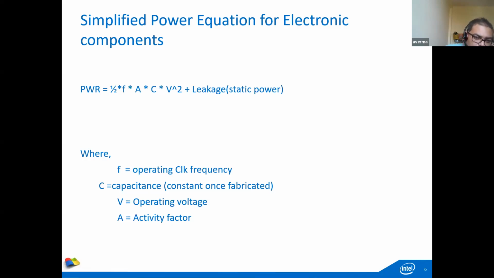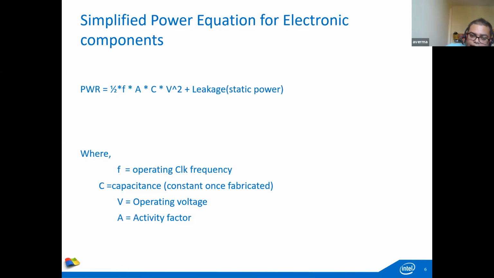So what happens? For example, let's suppose you want to run something at 4 gigahertz, or your workload demands that you run at 4 gigahertz. Now, in order to run at 4 gigahertz, there is also a requirement for the operating voltage. Say that to run at 4 gigahertz, you need to operate at 1 volt. Now your demand has gone down, and you can operate at, let's say, 2 gigahertz.